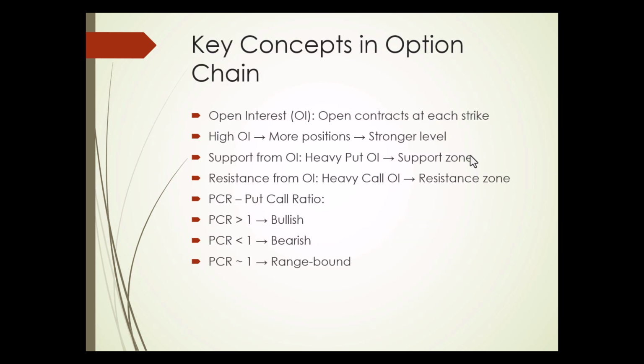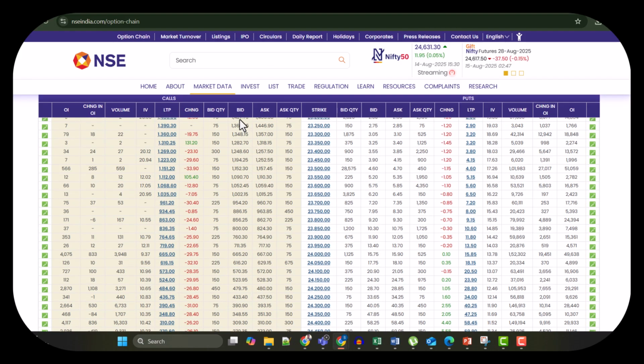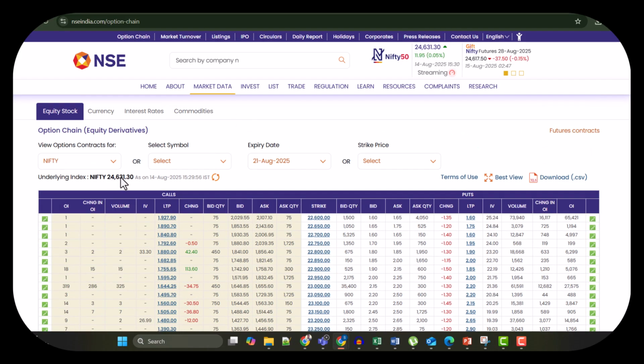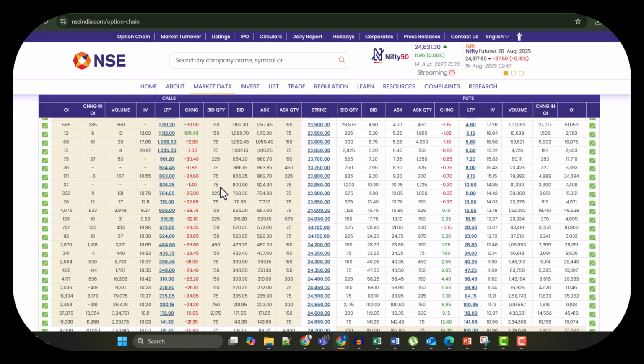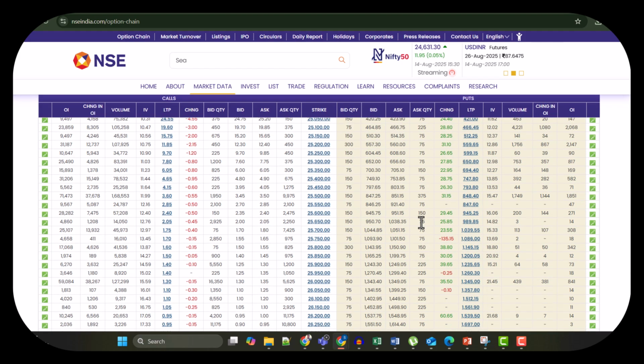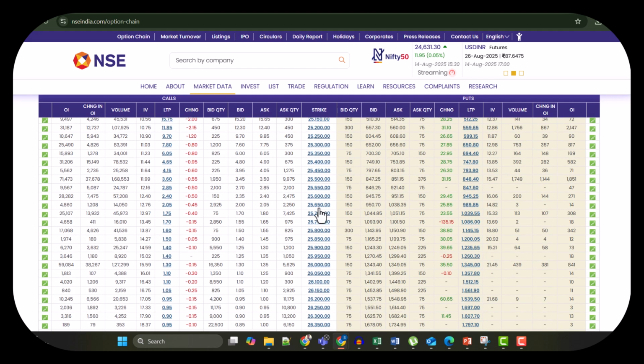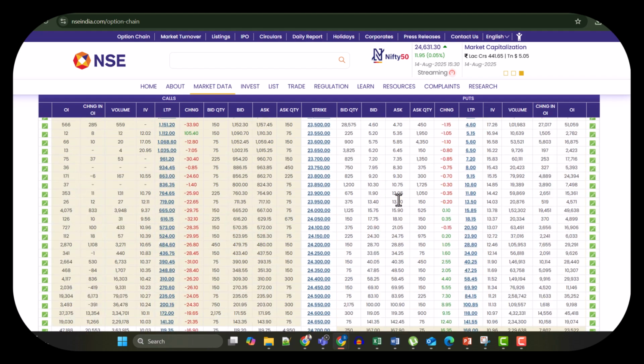Looking at the option chain, the spot Nifty level is around 24,600. Let's analyze from the downside upwards. First, support zones, puts. At the 24,600 strike, we see a very strong put open interest of nearly 45,418 contracts.